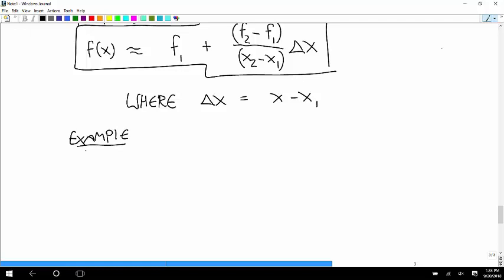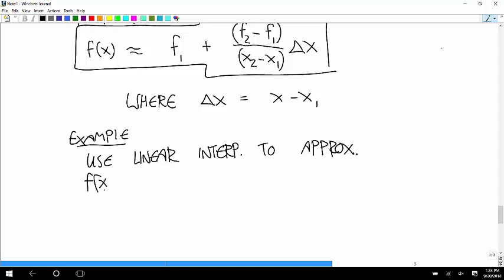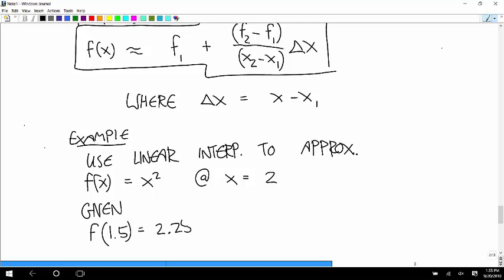So let's use linear interpolation to approximate f of x equals x squared at an x value of 2, given that f of 1.5 is 2.25 and f of 2.5 is 6.25.